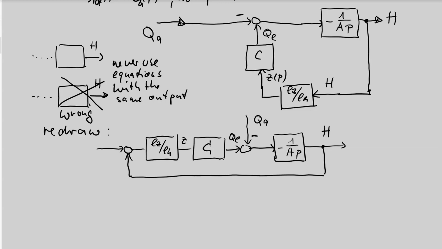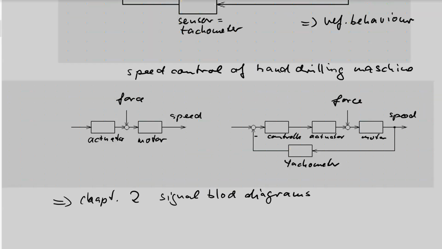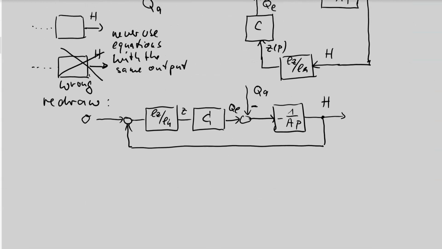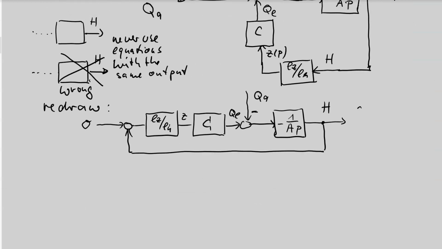One input of the summing point is my H, and the other input could be the desired value. In our case it is 0. And a summing point where one input is 0 can be deleted. I have added this summing point so that you can see there could be a change of the desired value.